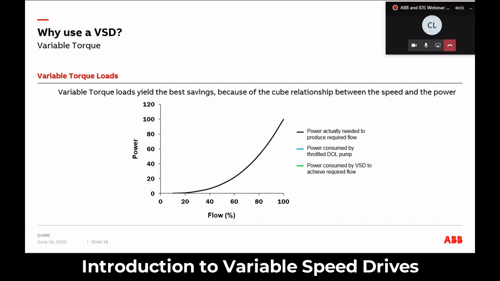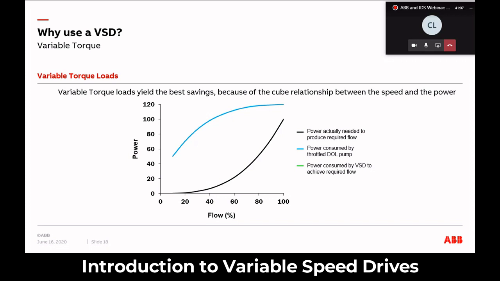And we can see here for a typical variable torque application, this is the actual power that's needed to produce the required flow for this pump. Now, if we looked at a DOL, direct online, pump that's being throttled to control that flow, we're probably going to get something along the lines of that, where as the flow increases, our power increases up to a point where, near 100% flow, it starts to flatten off and become constant.